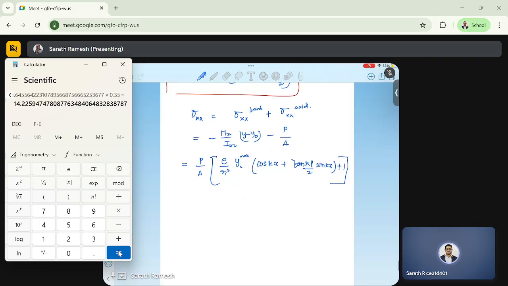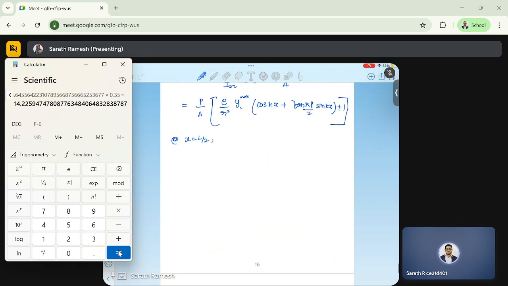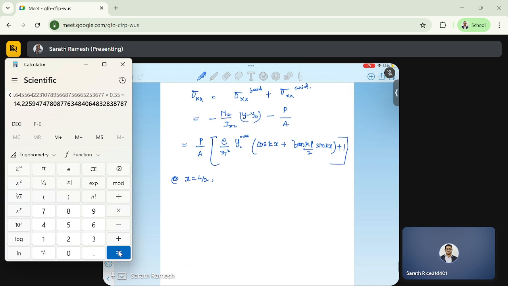Right, now at x equal to L by 2, we can get the maximum stress value. Sigma xx at L by 2 max will be P by A into e by r square times c max, with the same simplification as before.